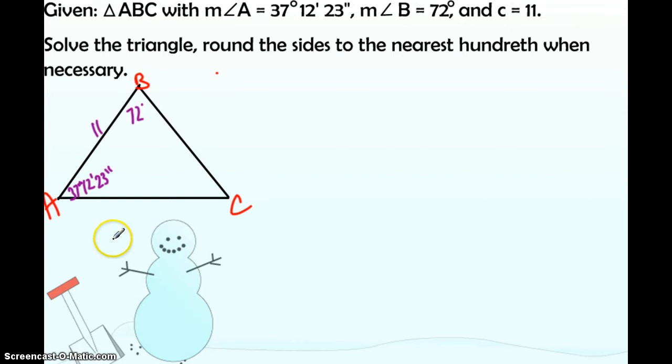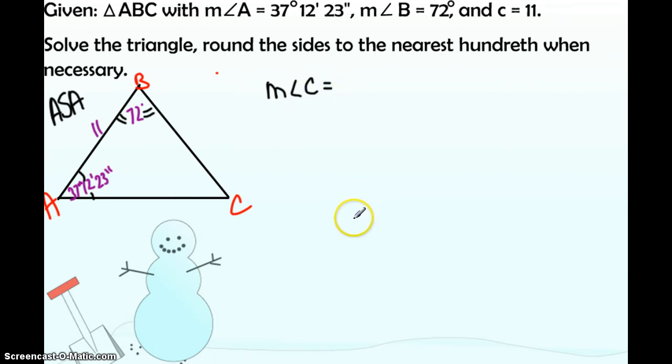So we've got an angle side angle. So right now we're thinking that we could possibly use the law of sines, but we don't have an angle over here to have a pair in order to solve for the missing side. So that's going to be our first thing. Solve for the measure of angle C.